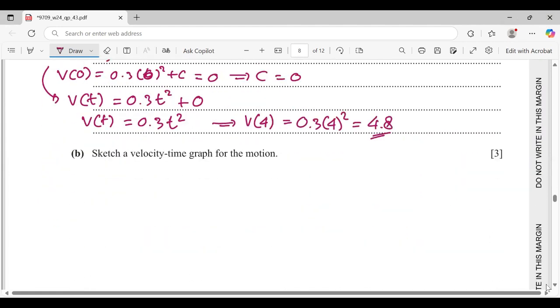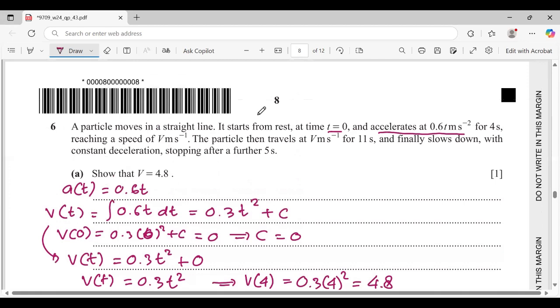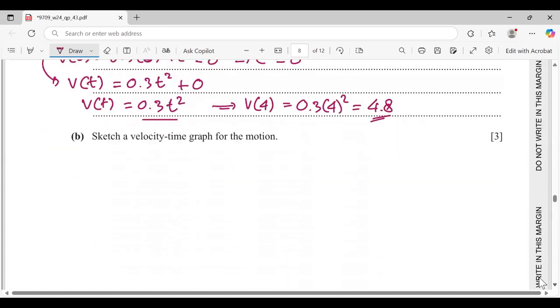Next question. Sketch a velocity-time graph for the motion. Okay, so at first, the particle moves from t equals 0 to t equals 4, as long as 4 seconds. And the velocity function is 0.3 t squared.